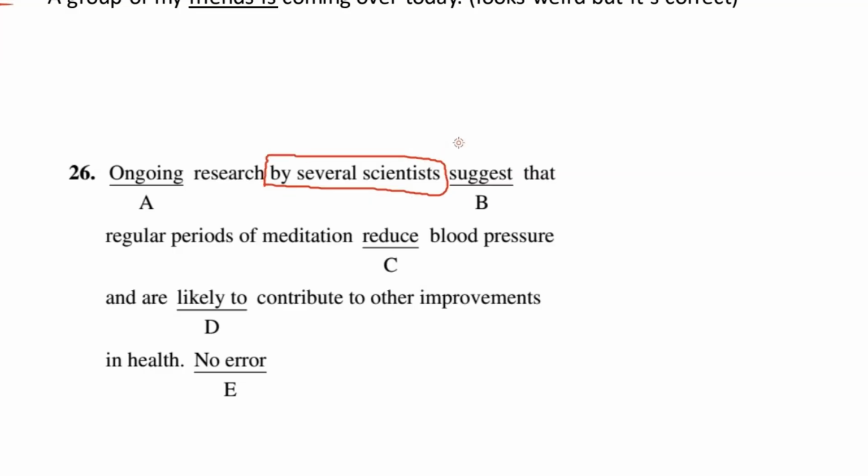So scientists cannot be the subject for suggest. The subject is research. The verb is suggest. Is that a match? Does that agree? It doesn't. Research is singular. So you need to add a little old s on suggest to actually make it correct. So by identifying this prepositional phrase, you have now seen the error in the subject-verb agreement.